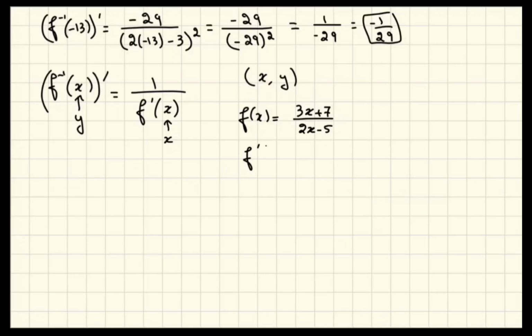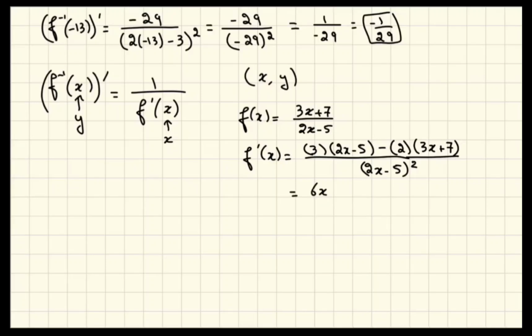Now to find its derivative, we need to apply the quotient rule. So 3 multiplied by 2x minus 5 minus 2 times 3x plus 7 over g squared, which is 2x minus 5 all squared. We simplify, we get 6x minus 15 minus 6x minus 14 over 2x minus 5 all squared.